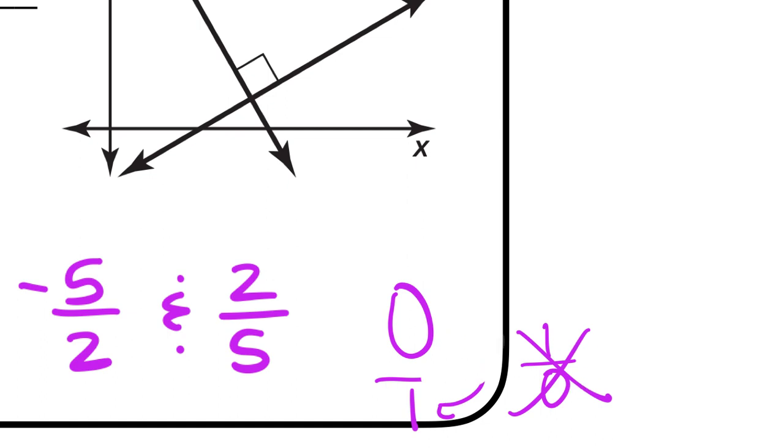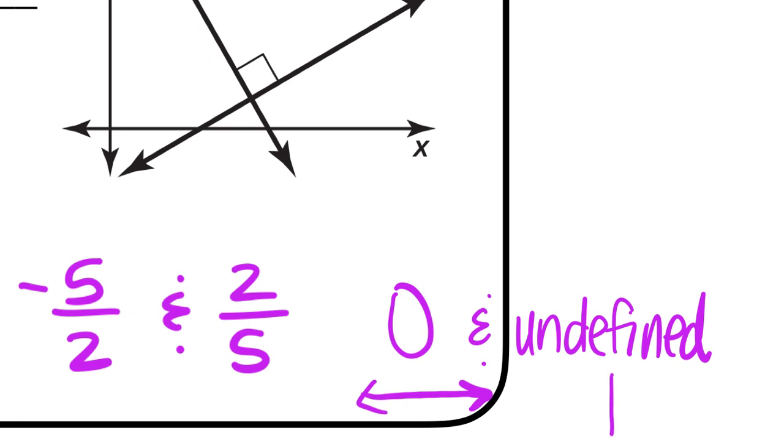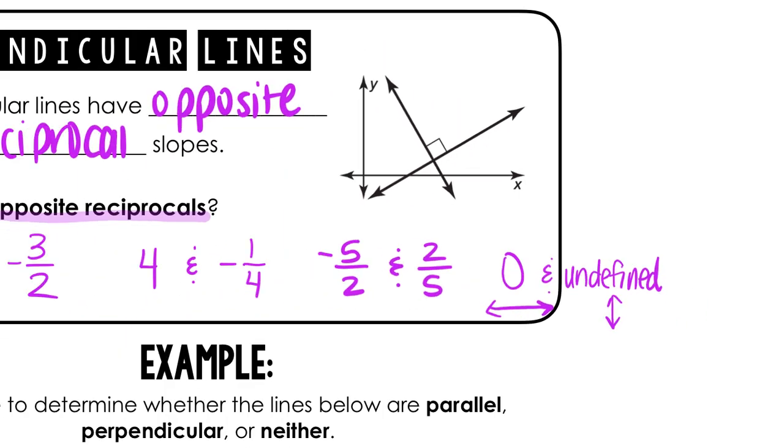So the opposite reciprocal of 0 is actually called undefined. It's a type of slope that you may or may not remember from Algebra 1. So there's a slope of 0. A slope of 0 is going to be just a horizontal line, and then a slope of undefined would be a vertical line. And as you can see, these are definitely going to be perpendicular to each other. So 0 and undefined, that's also considered opposite reciprocal.